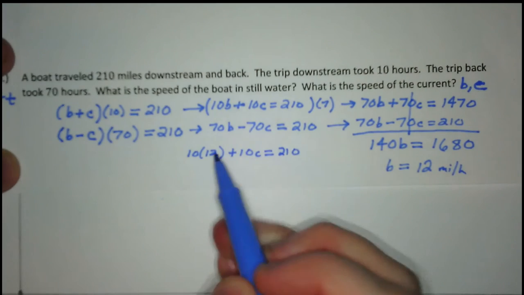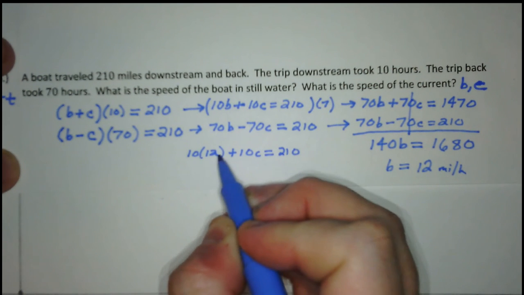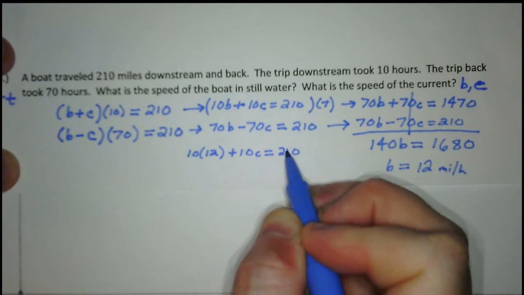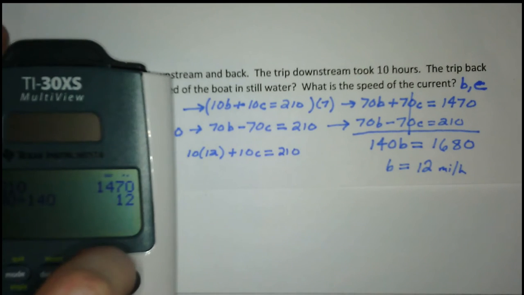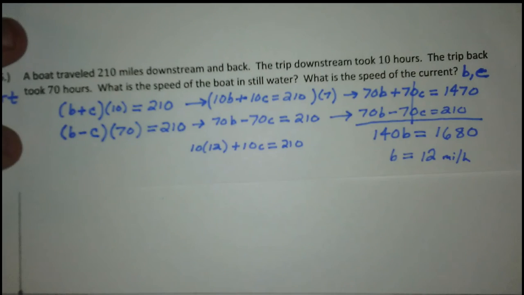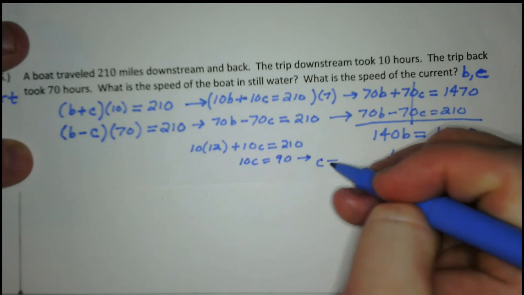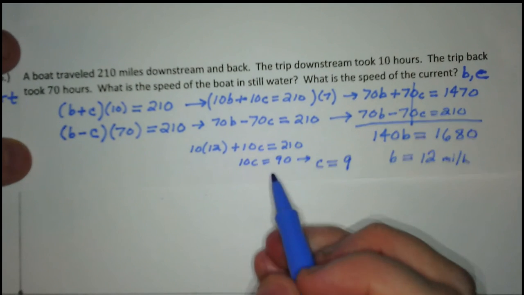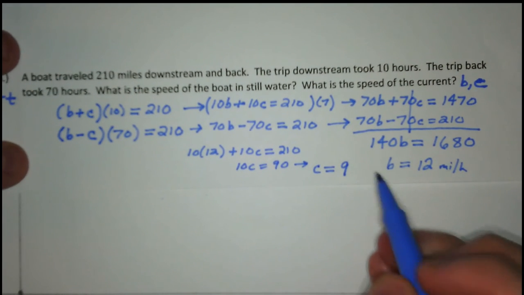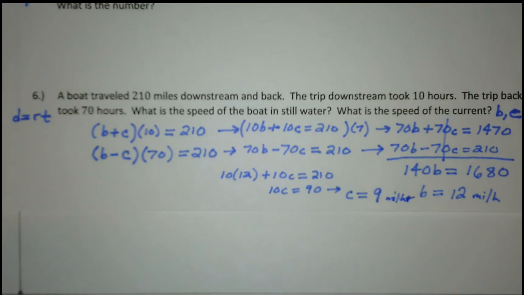Now that I know that B is 12, that's going to be 120. 10 times 12 is 120, and then when we subtract 210 minus 120, I think I know the answer, but 90. So 10C equals 90, which means C equals 9 when you divide both sides by 10. So the current was 9 miles per hour. Oh my gosh. 9 miles per hour, and the boat 12 miles per hour.